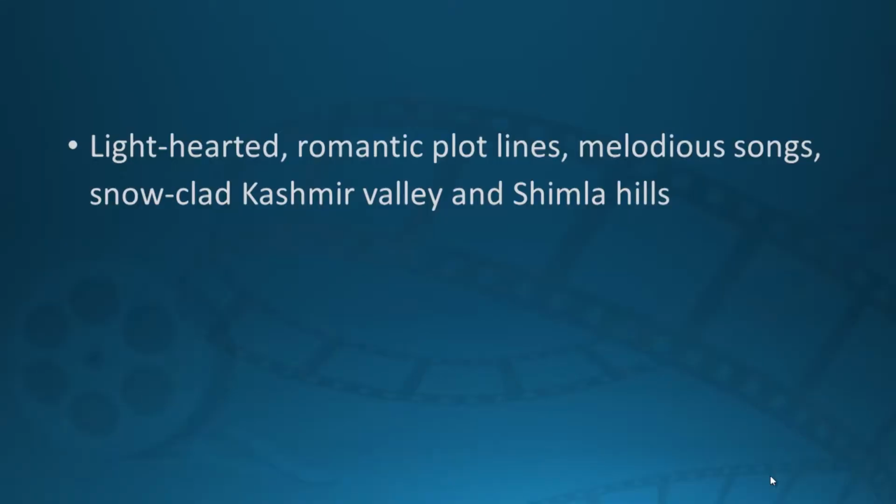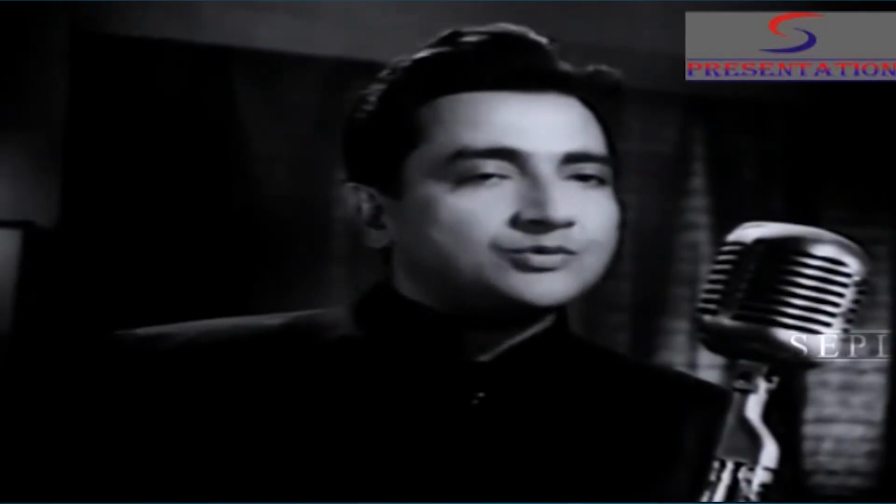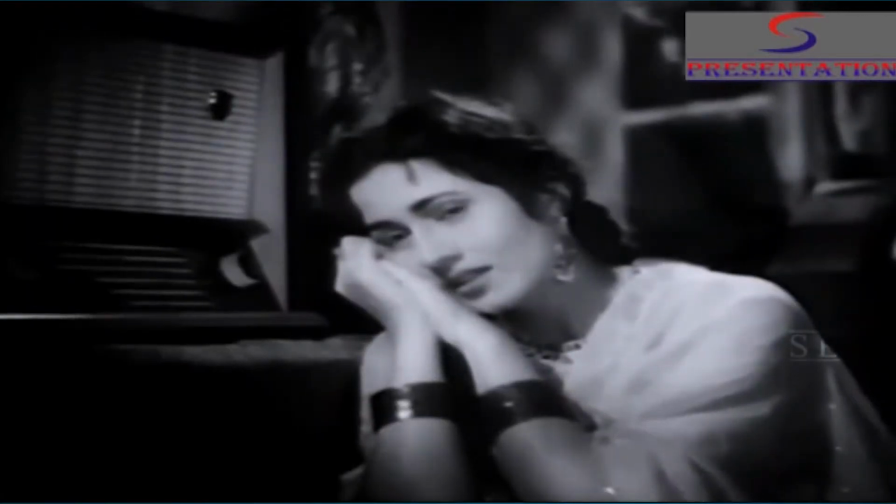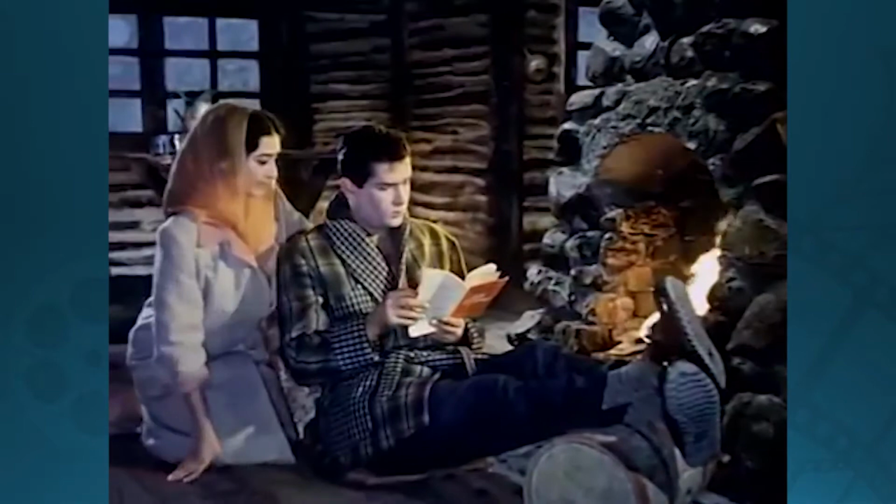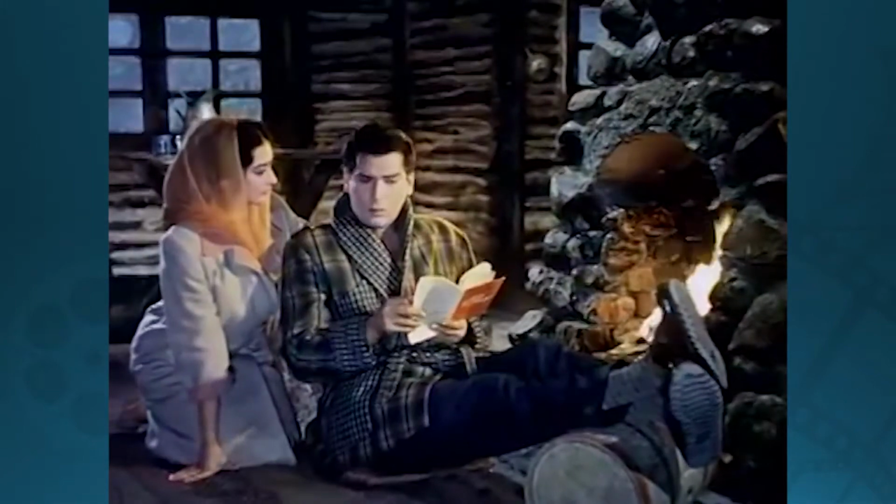So this was the change that happened from the 50s to the 60s. There was a very marked difference in the kind of content that was now being made for the people. The films made at this point of time, the themes that they explored, were very light-hearted, with very romantic plot lines and melodious songs, with the actors and actresses rolling around in the snow-clad Kashmir Valley or the Shimla Hills.